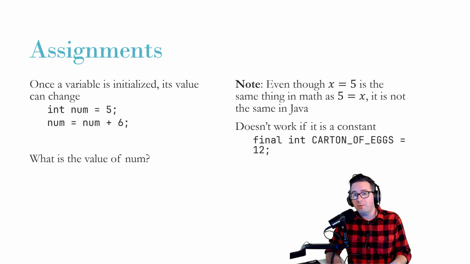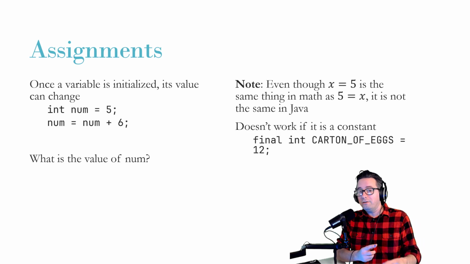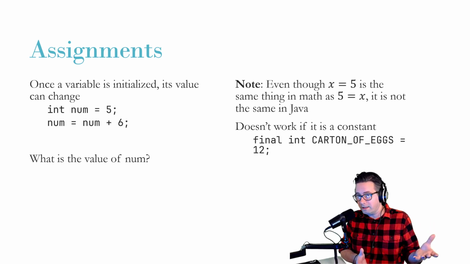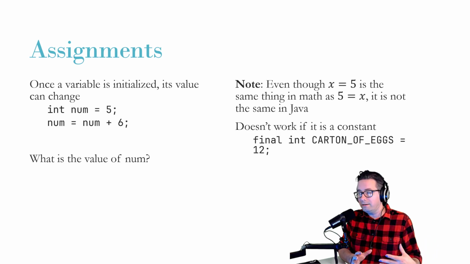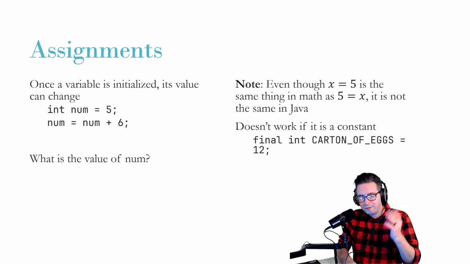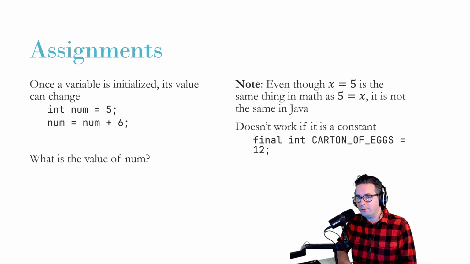So with these variables, in this case a carton of eggs is 12, it's permanently assigned 12 in the program. We can't later in the program change the value of carton of eggs to 18 or 24, or anything that we want. It's always going to be 12. That way, anytime somebody messes around with that variable, they know that they can't, and they wouldn't be able to. We'll go over an example of that in the walkthrough in just a second.